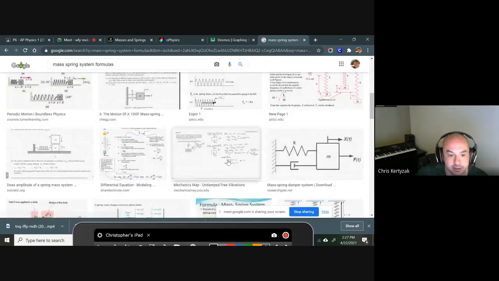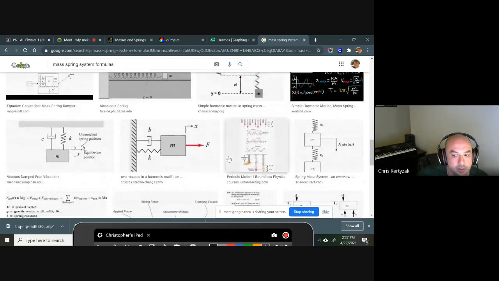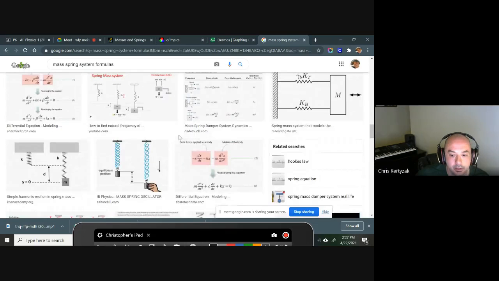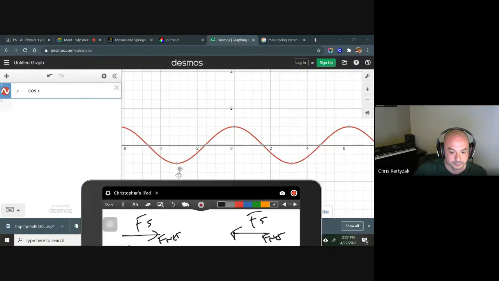I figured I'd find a nice little table or chart because I can write them all out, I guess. Not quite what I was hoping to find. Okay, that's fine. So let me return to here.